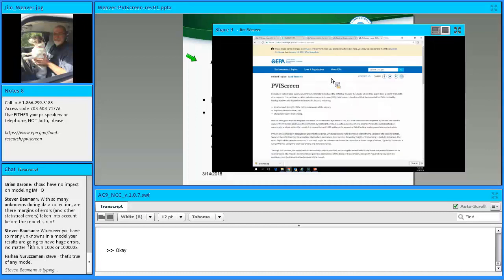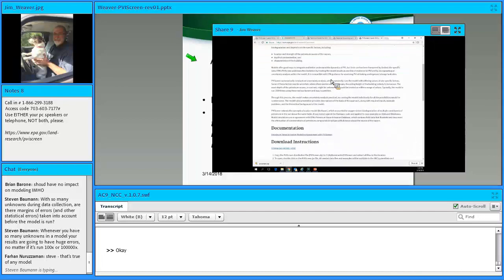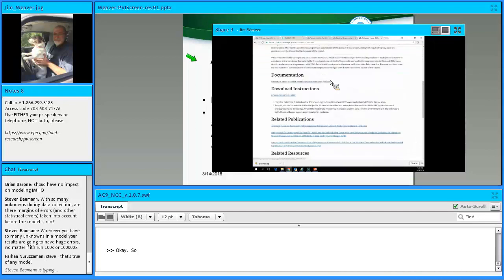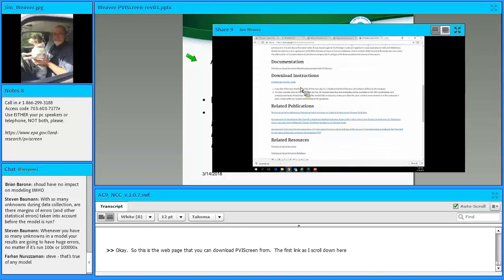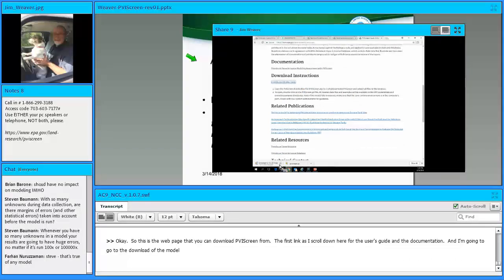All right, so this is the web page where you can download PVIScreen from. The first link as I scroll down here is for the user's guide or the documentation. And I'm going to go to the download of the model. We have a pretty fast connection, so it's not going to take long.